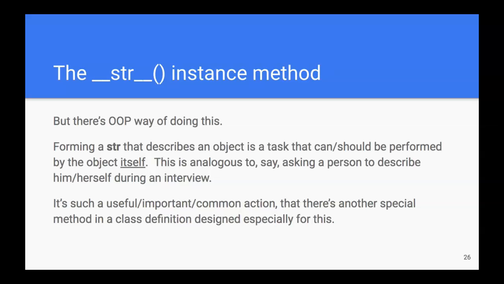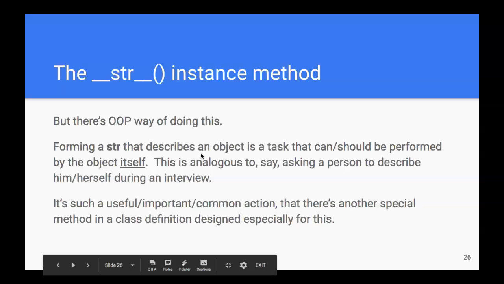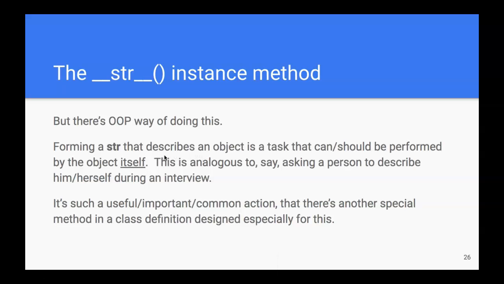But since we are studying object-oriented programming, there is an object-oriented way of doing this instead of using functions. The idea is similar though. The fact that we want to form a string that describes an object is actually something that the object itself should be able to do, right?